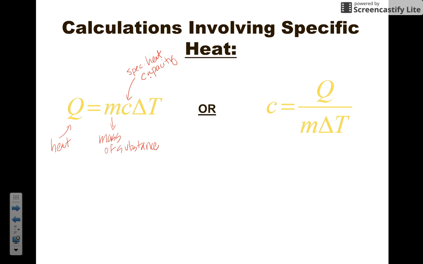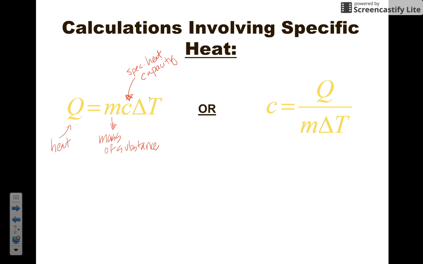You would actually make sure that the specific heat that you plug in matches the substance that you plugged in for. So every substance has a specific predetermined specific heat capacity. So you have to make sure that the C that you plug in is for the same substance that the mass is for. Like if you plug in the mass of water, you're going to plug in the specific heat of water.